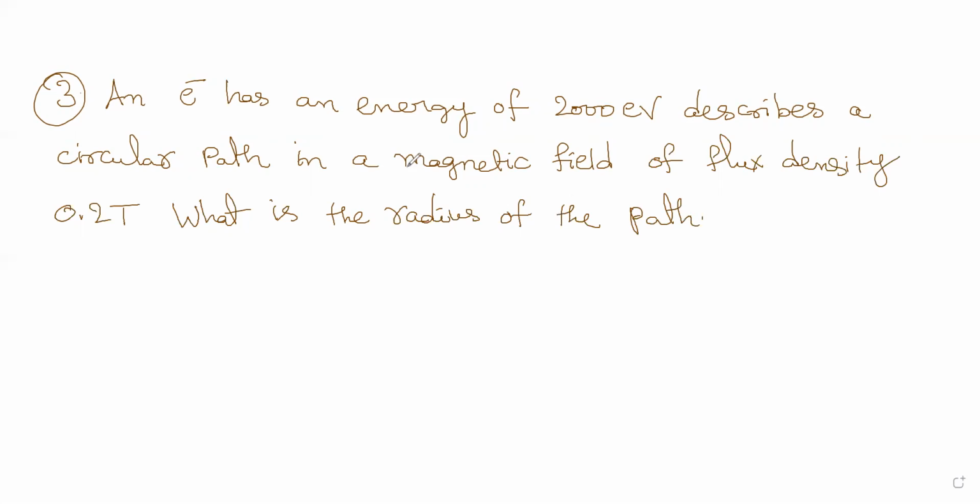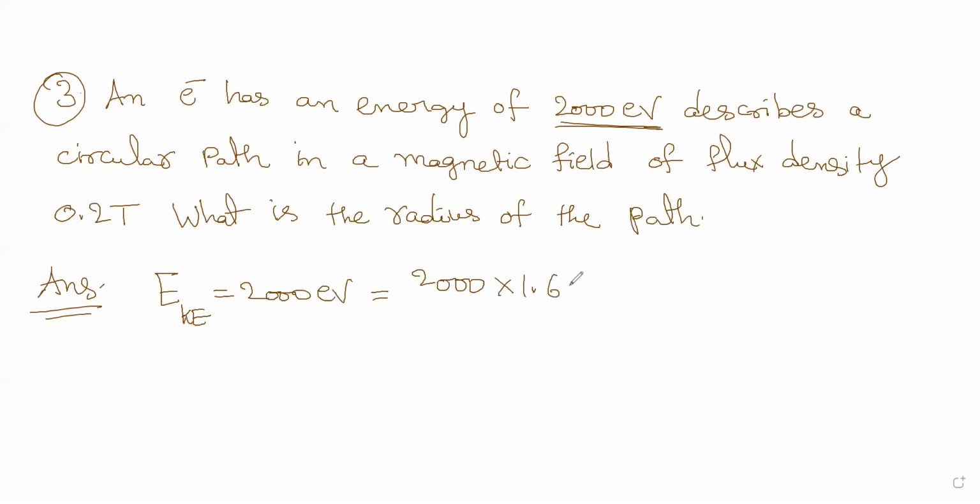Okay, let's see this question. The energy is 2000 eV, which they have given in electron volts. So the energy is kinetic energy, that is 2000 electron volts. The electron volts have to be converted into joules. So this has to be multiplied with 1.6 into 10 to the power of minus 19 to get joules.